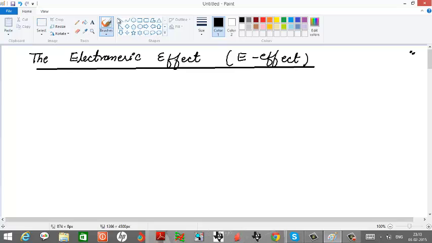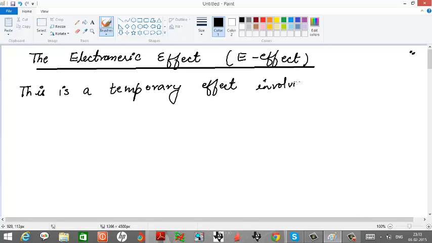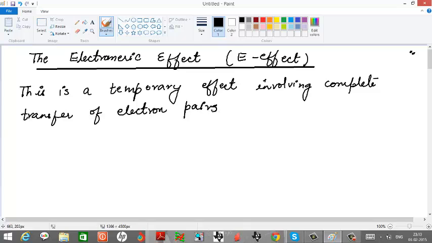But this effect is a temporary effect, involving complete transfer of electron pairs to one or the other atom joined by multiple bonds.